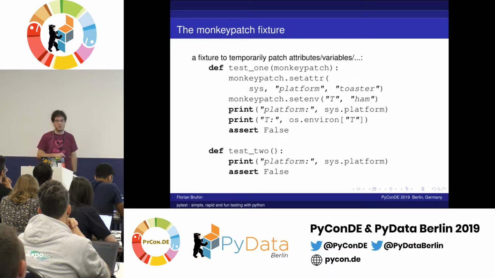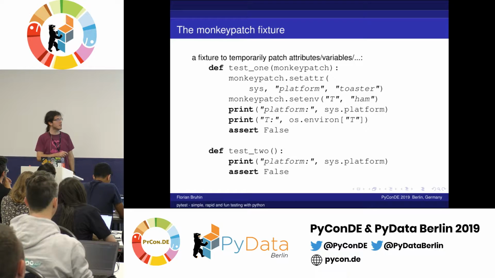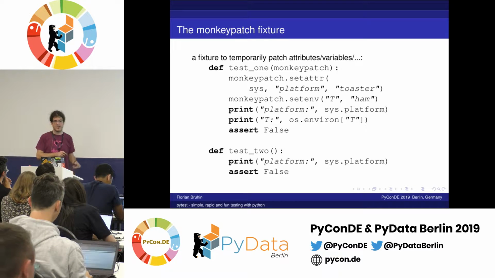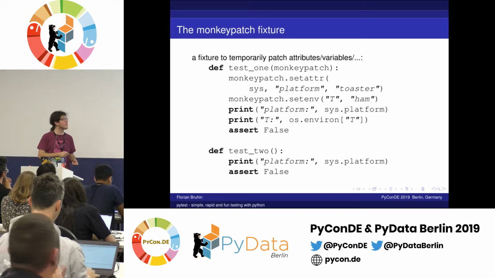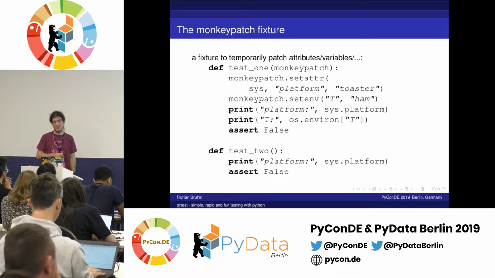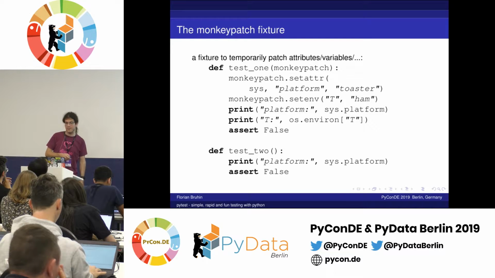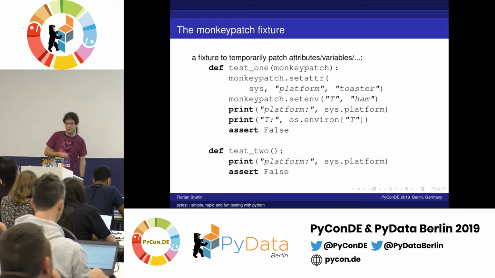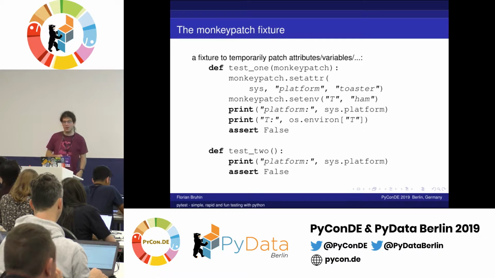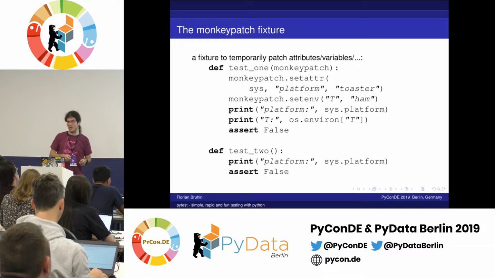Then there's quite nice PyTest documentation about those fixtures, but the main things to use are setattr, which allows you to set an attribute and patch it away, and setenv, which allows you to set an environment variable. There are also some example files in the code directory, but I'll unfortunately have to skip them.